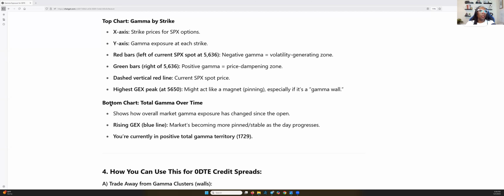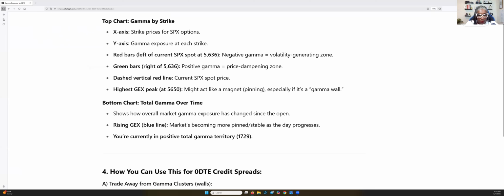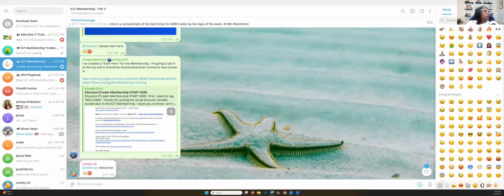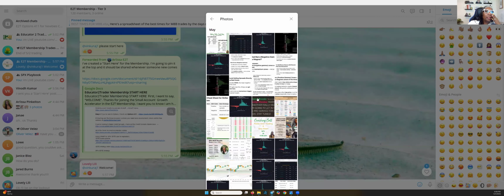The bottom chart, which is that line at the bottom, like we talked about, what is the line at the bottom of our chart? Let's see if we could keep a picture of our chart on the screen.